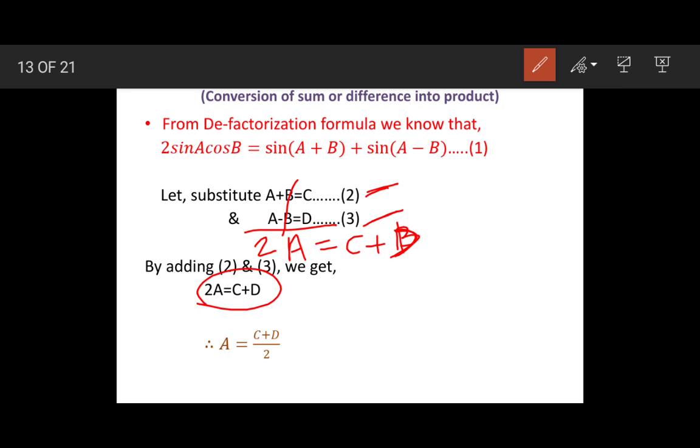So 2a is equal to c plus d means a is equal to (c plus d) upon 2. I have converted a in terms of c and d. So I will substitute a as (c plus d) upon 2. Clear?